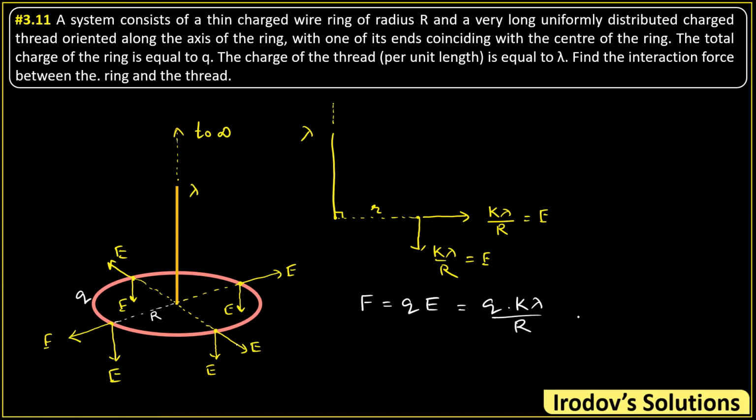And if you want to write in Irodov's preferred notation, I can just put the value of K, so that will become 1 over 4 pi epsilon naught, and here Q lambda, and in the denominator there is r. So this is the force of interaction between the semi-infinite wire and the uniformly distributed charged ring. And that's our answer. Thank you.